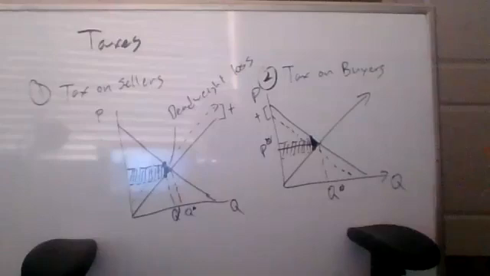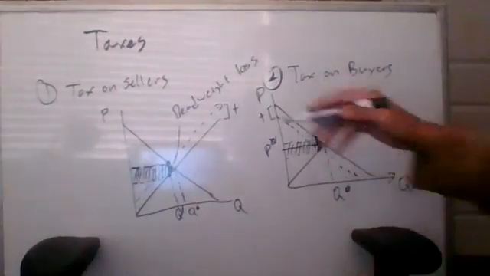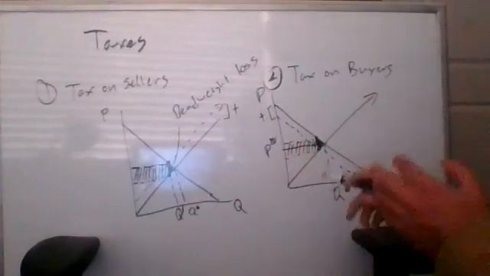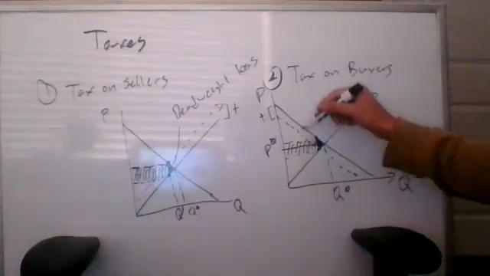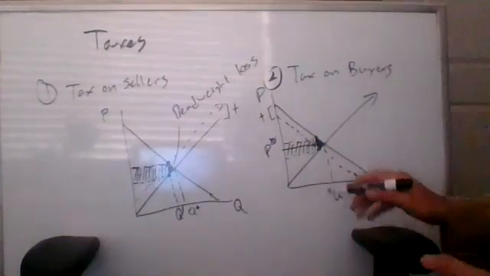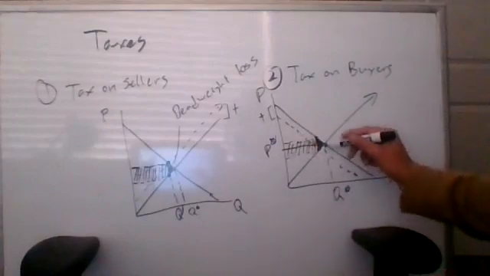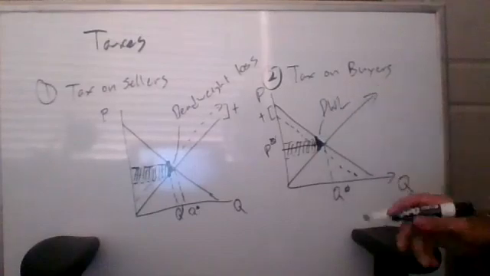So it's a very interesting phenomenon that no matter who you put the tax on, the effect on everybody is going to be the exact same. The surplus for the consumer and the producers goes down, tax revenue goes up by the same amount, and we have the same deadweight loss.